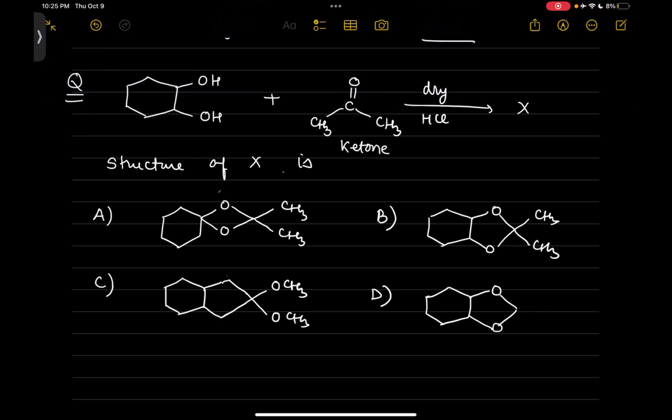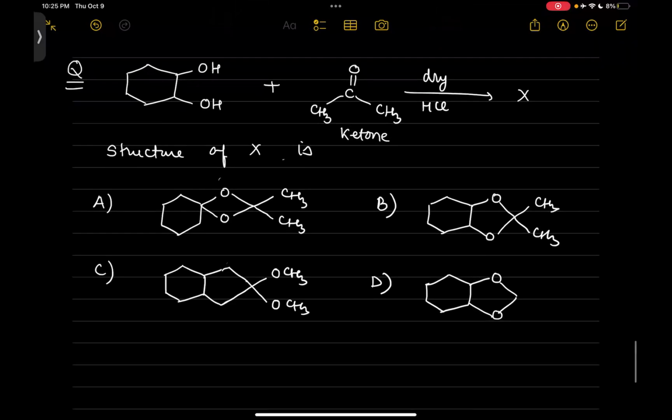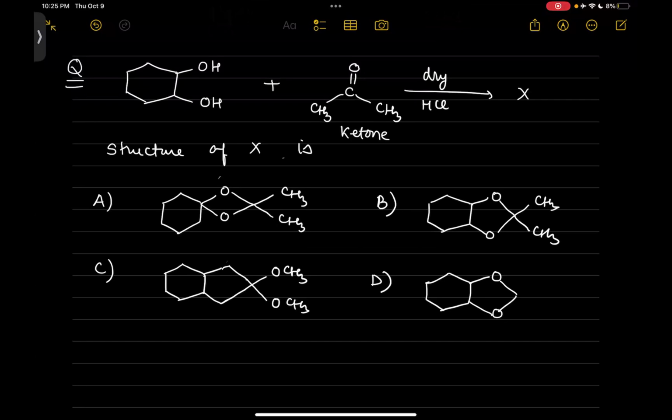So the first question which comes to our mind is whether we are going to get an acetal or a ketal. Sorry, we are going to get a ketal. I made a mistake because it is a ketone. Okay, so we are not going to get an acetal, right? We are going to get a ketal.